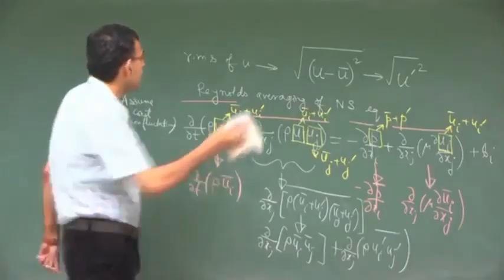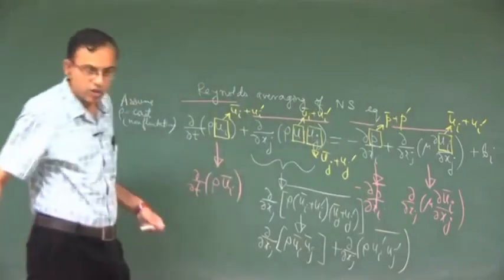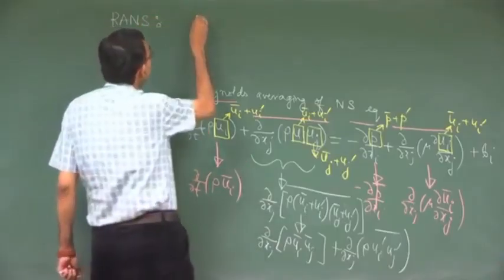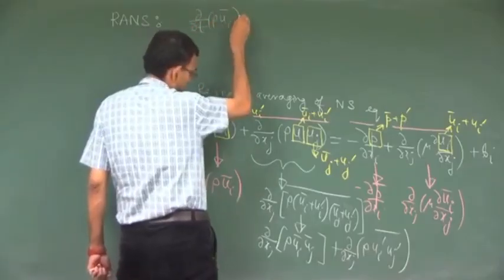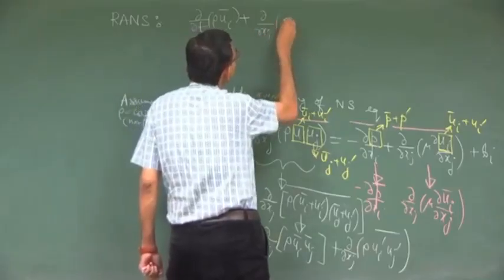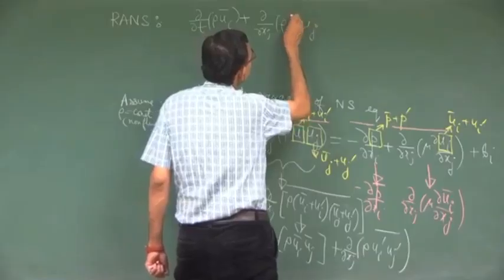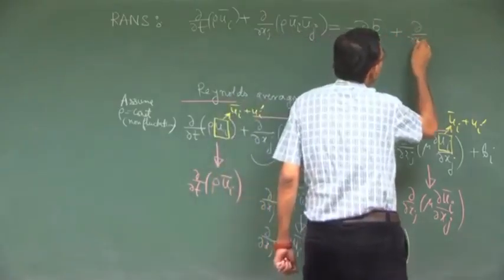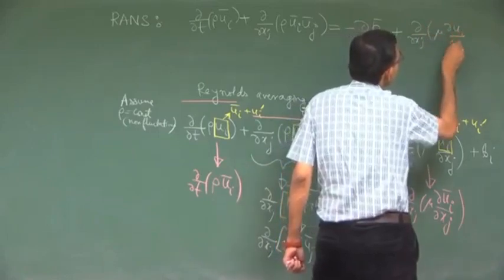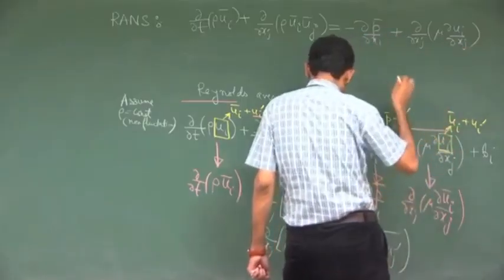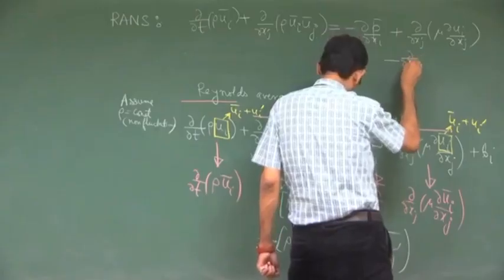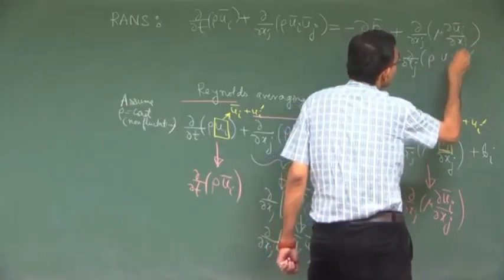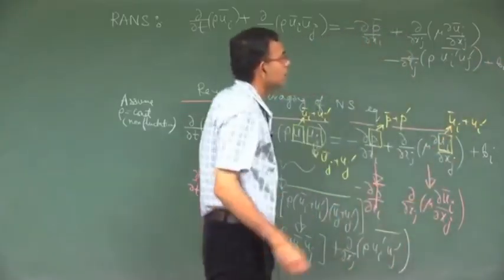So you can in principle write a Reynolds averaged Navier-Stokes equation, or RANS as it is called, which will be as follows.